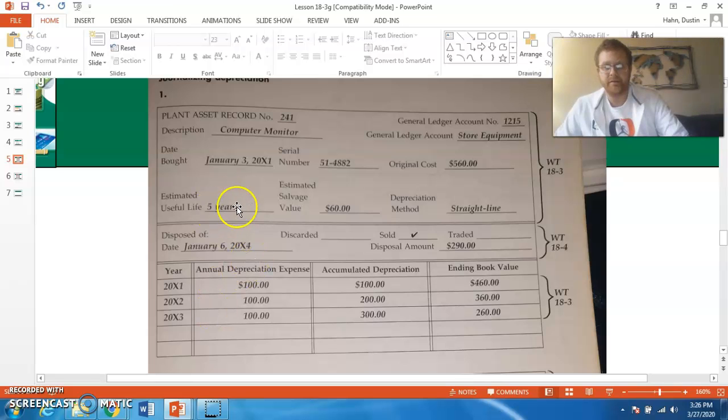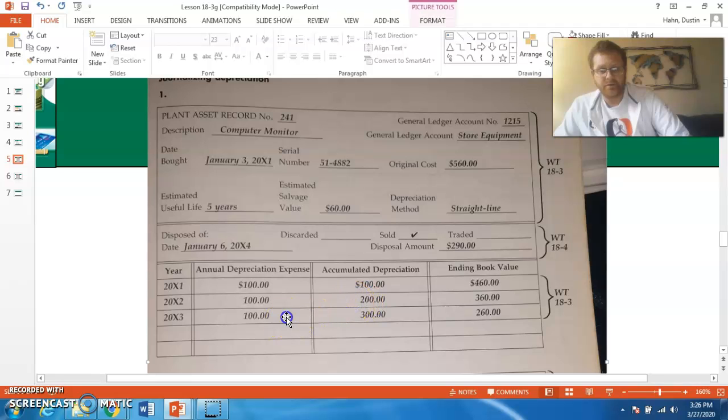Even though this says 5, it's there to provide you with your annual depreciation. We're just working on the first 3 years. If the annual depreciation is 100, your accumulated is 200 plus 100 equals 300. 360 minus 100 equals 260. So that's your first one.